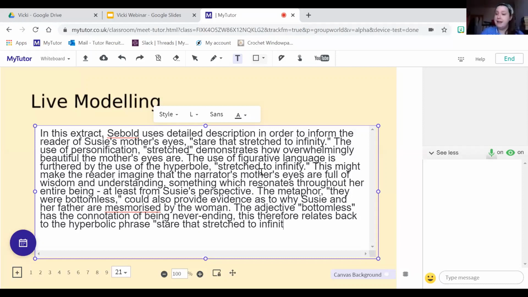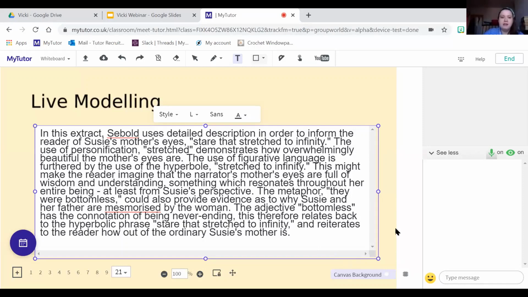So I'm showing how they link together and what the purpose of both of them are and how that helps us. Comma needs to go there and reiterates to the reader how out of the ordinary Susie's mother is.